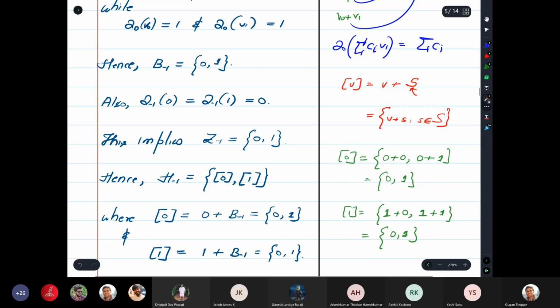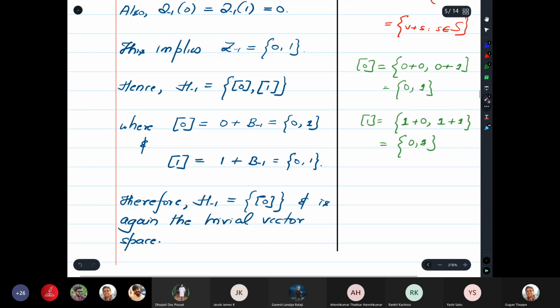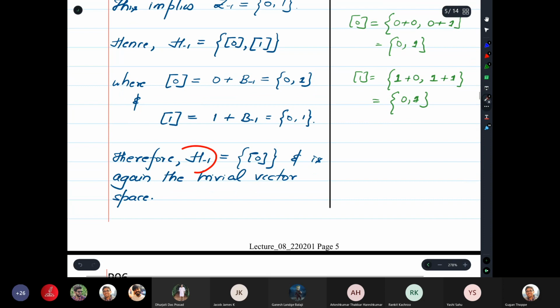So although for H minus 1, to begin with, we may write the equivalence class of 0 and 1 separately, we notice that these two equivalence classes are one and the same, and hence it doesn't make sense to repeat these elements. Hence it follows that H minus 1 will only include one element, which is either the equivalence class of 0 or the equivalence class of 1.